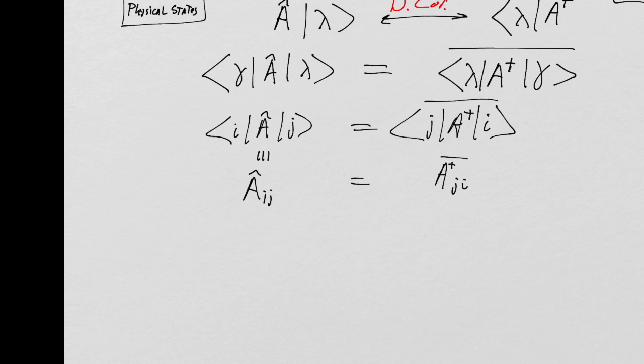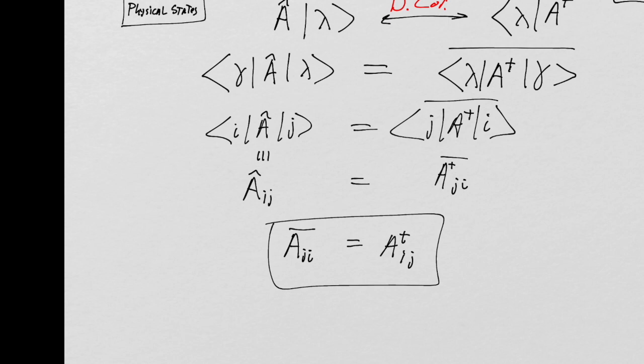And then I could maneuver this to say (A adjoint)_ij equals A_ji conjugate. And this is where we say the Hermitian adjoint of an operator is the operator's conjugate transpose.